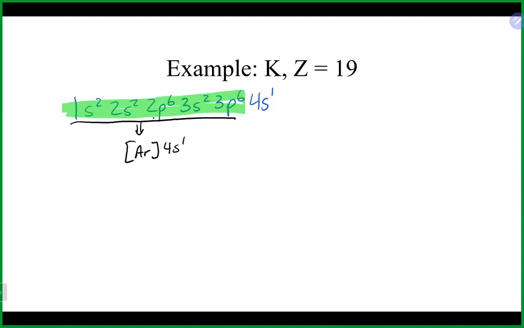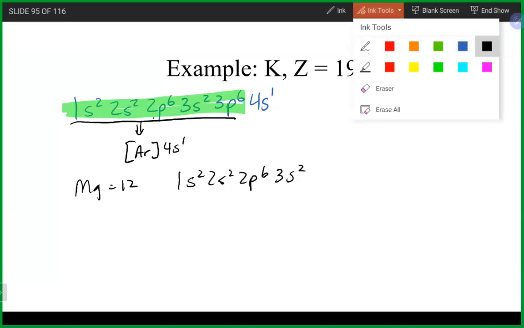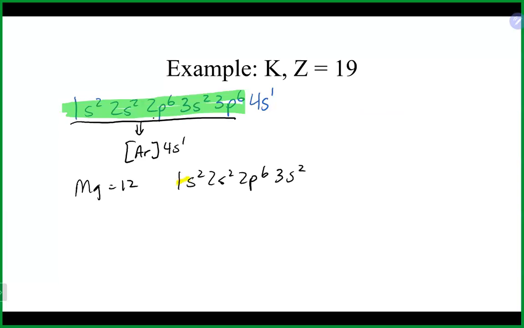If we look at something like magnesium, which is 12, its electron configuration would be 1s2, 2s2, 2p6, 3s2. Once again, if we look at magnesium's configuration up until this point here, that is 10 electrons. And if we look at the periodic table, 10 electrons is neon, which is the noble gas that comes right before it on the periodic table.